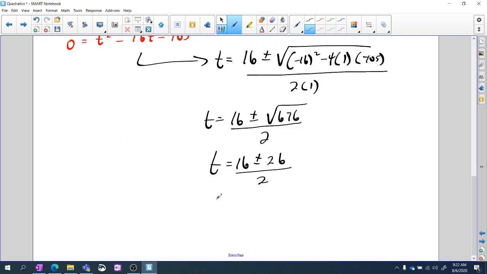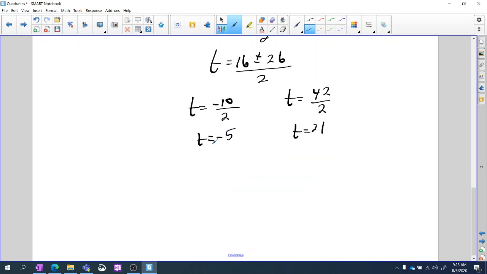I'm pretty much at the answers now, so let's get our two answers. 16, subtract 26. That's going to give me a negative 10 over 2. T is negative 5. Don't like that. And then I'll do the other one. 16 plus 26, so that's 42 over 2. T is 21.